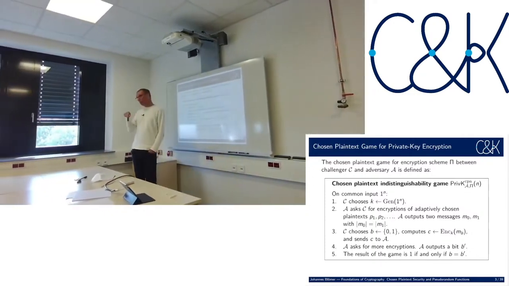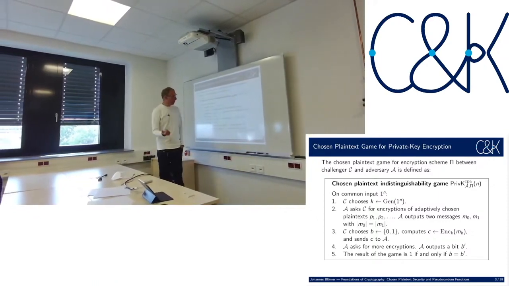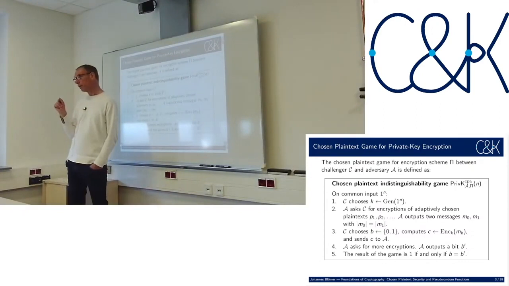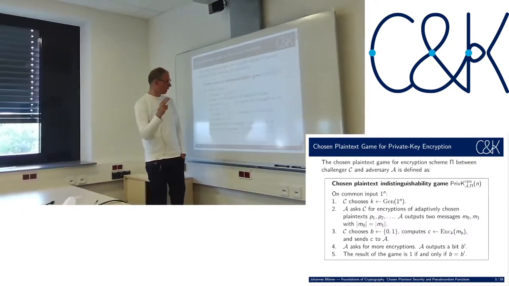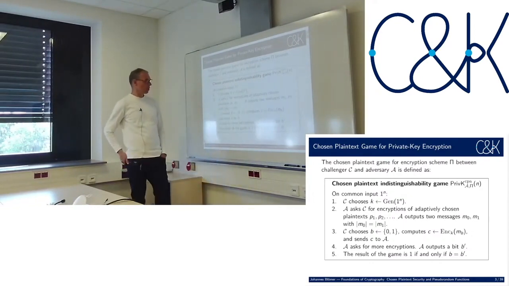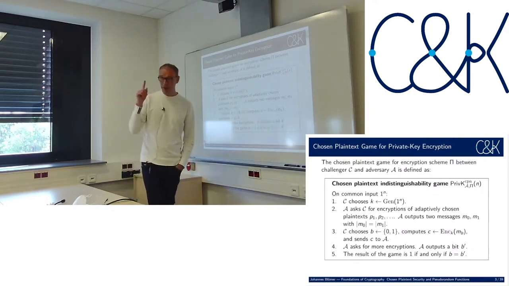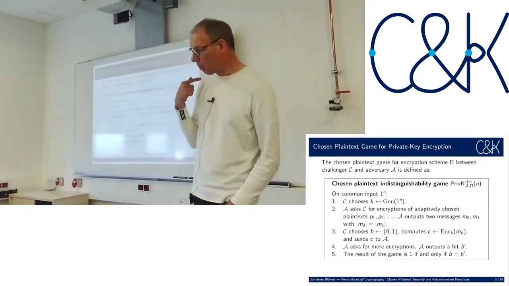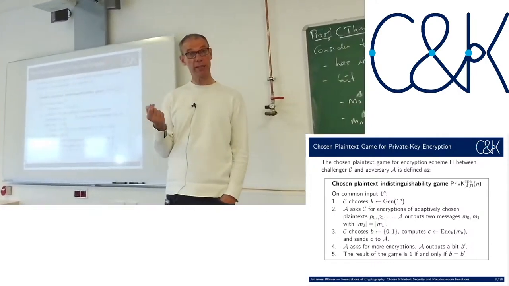And then, based on what he saw so far, he picks two messages M0, M1, again of the same length. So this is our usual stuff with the indistinguishability. C chooses b uniformly at random, computes c as the encryption of Mb, and sends c to A. Now, based on the ciphertext c that A gets from C, he can ask for more encryptions of plaintexts of his choice.